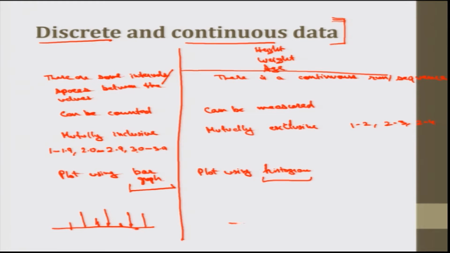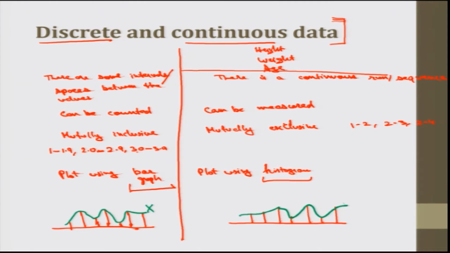And in continuous data also, if I am having some values like this, it is not sensible to connect them like this. This is not recommended. Yes, in continuous data, if the values are there, those can be connected.